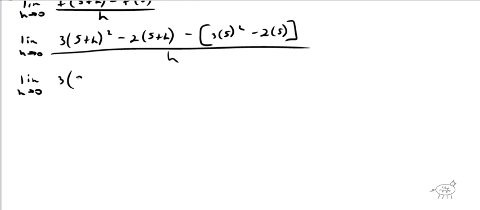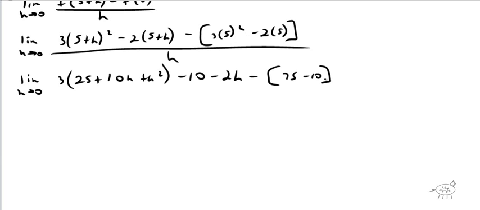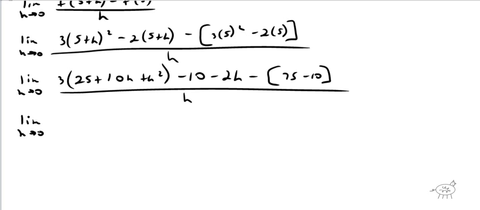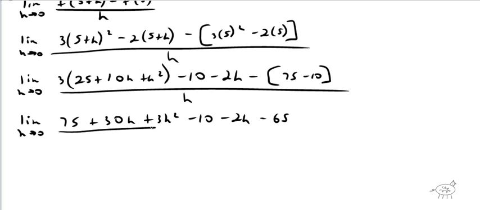So it's going to give you 25 plus 10h plus h squared, minus 10 minus 2h, minus, that's 25, so 75 minus 10, all over h. Limit as h approaches 0, so it's going to give us 75 plus 30h plus 3h squared minus 10 minus 2h minus 65 all over h. Limit as h approaches 0.